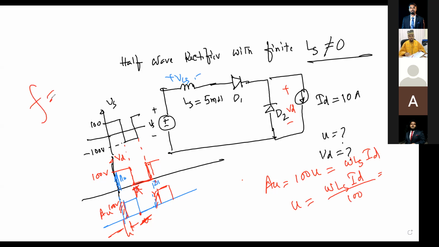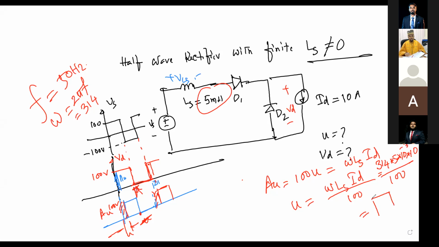Suppose F equal to 50 hertz. What is omega? 2 pi F. I learned it almost 40 years ago, that for 50 hertz it is 314, and for 60 hertz this is 377. 314, L is equal to how much we have taken? 5 millihenry, 5 into 10 to the power minus 3, ID equal to 10, and then divided by 100.